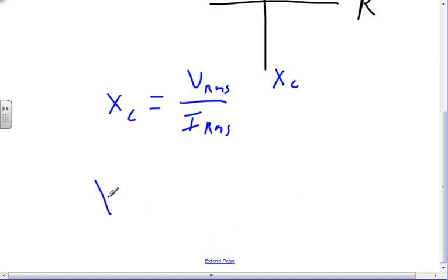Or I can say X of C is 1 over 2 pi FC, and I can calculate it that way. Once I have my capacitive reactance X of C, it's a value in ohms, and now I can treat that X of C just as I would be treating resistance.